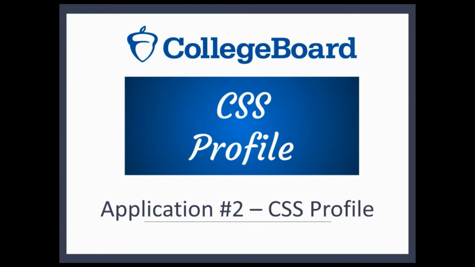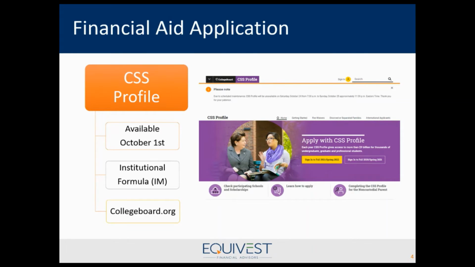Just like the FAFSA, the CSS Profile becomes available on October 1st each year. However, instead of using the federal methodology for calculating your family's EFC, the CSS Profile uses what's called an institutional formula. The CSS Profile can be found at collegeboard.org.